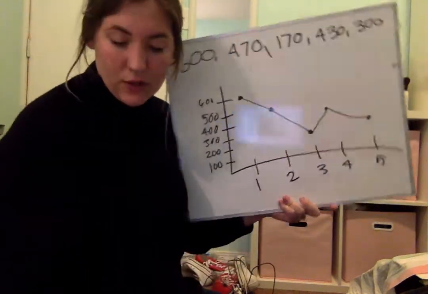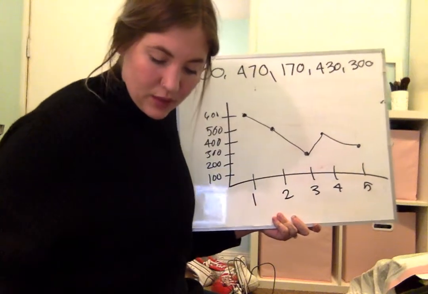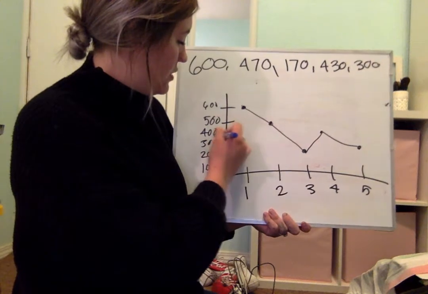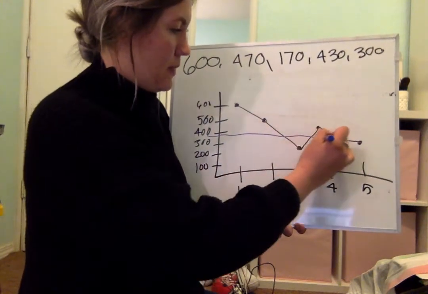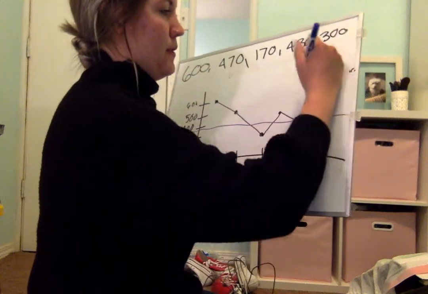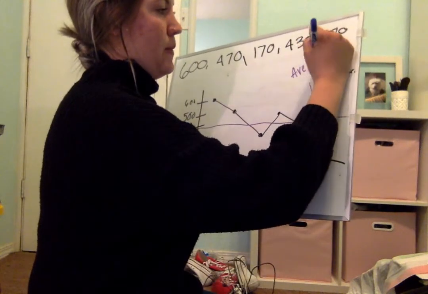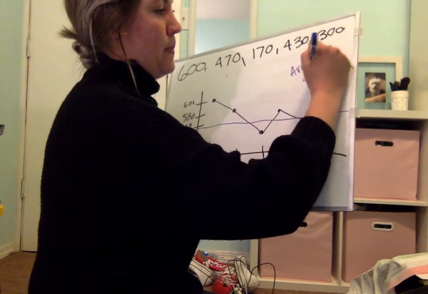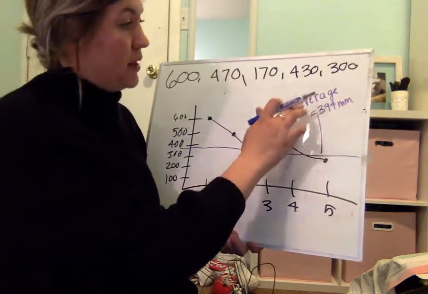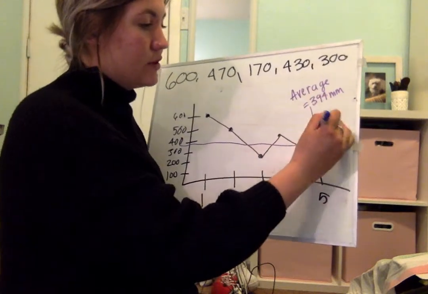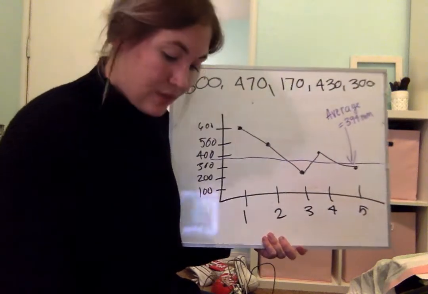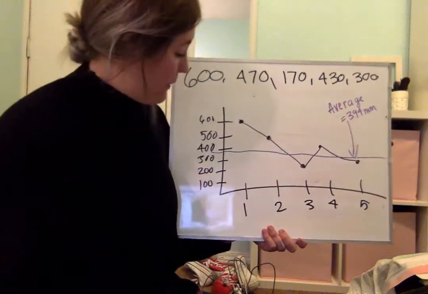So what the standard deviation tells us is, when you take your average, which was 394, we're going to put the average right here. There's our average. These are all in millimeters. So here's our average line for the heights of the dogs. What the standard deviation is going to tell us is where these dogs lie.